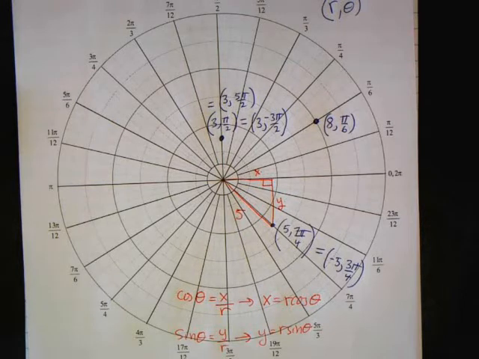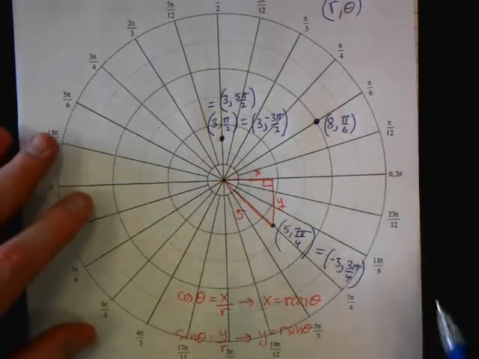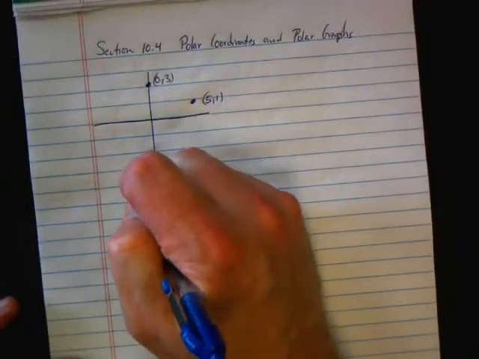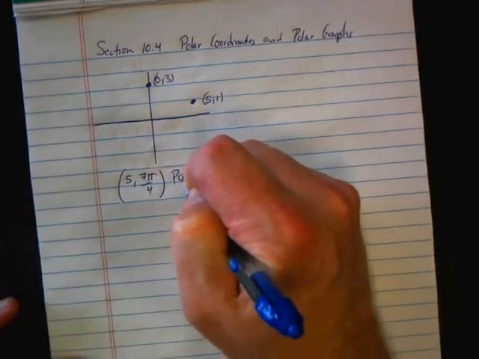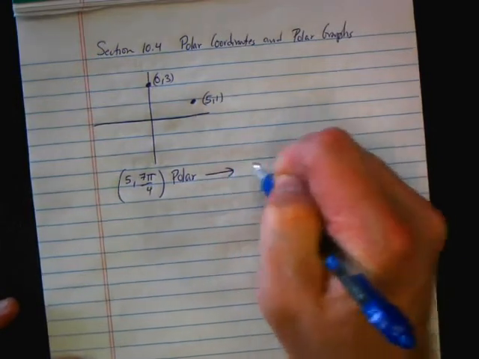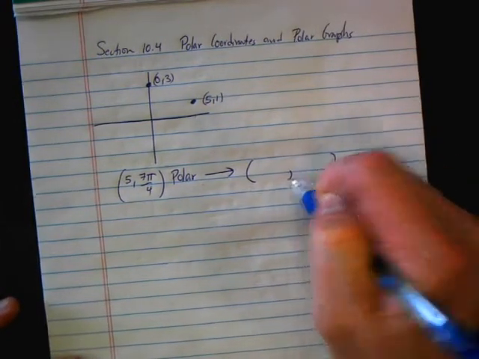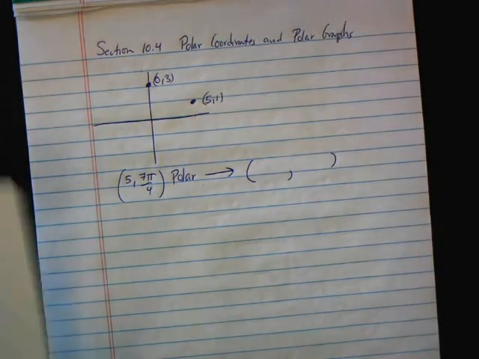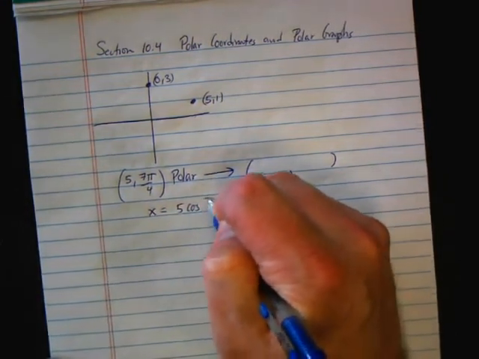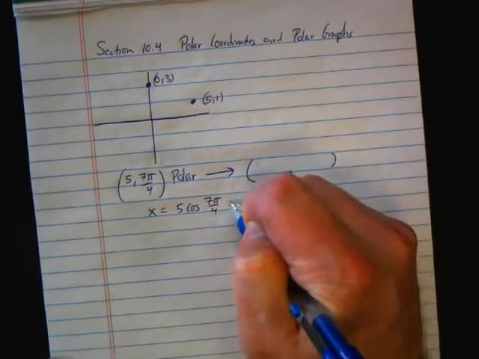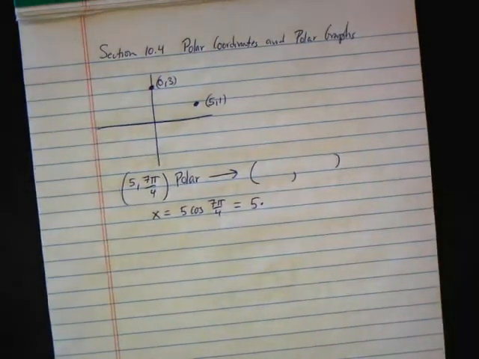So for the point 5 comma 7 pi over 4 in polar, that is the same as something in rectangular, and x would be r cosine theta, which would be 5 times, what's the cosine of 7 pi over 4?